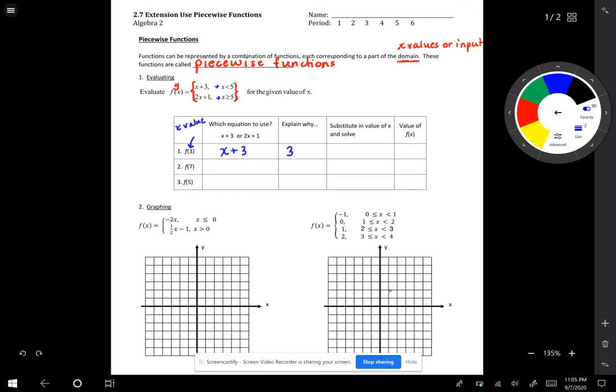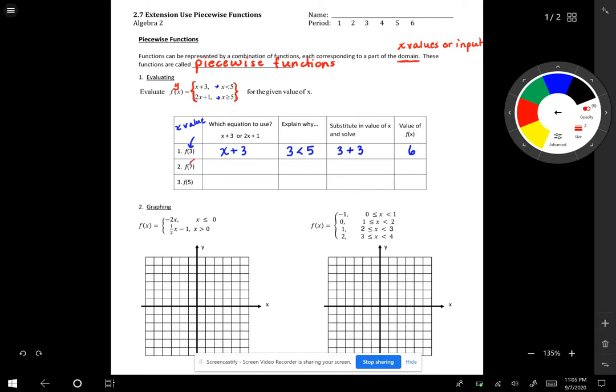Well, 3 is less than 5. Now we're going to take that 3 and substitute in the value of x and solve. So we are going to replace the x with 3. So 3 plus 3 is 6. So the value of f of 3 is 6. Right. Now we'll do the next one.